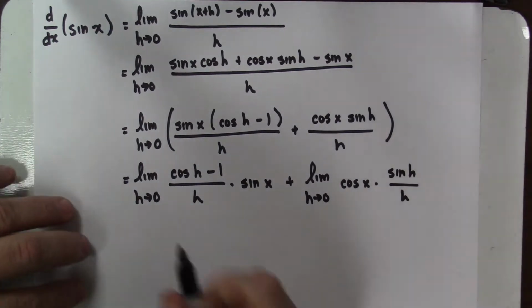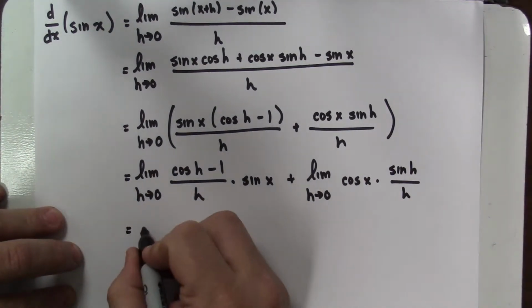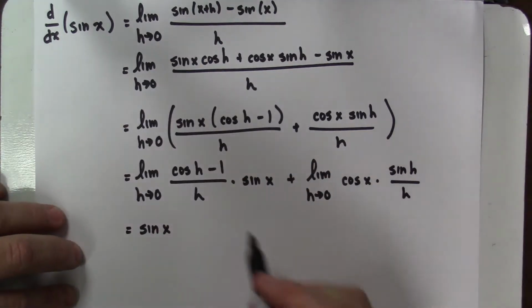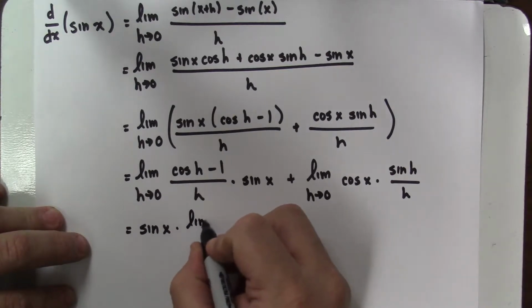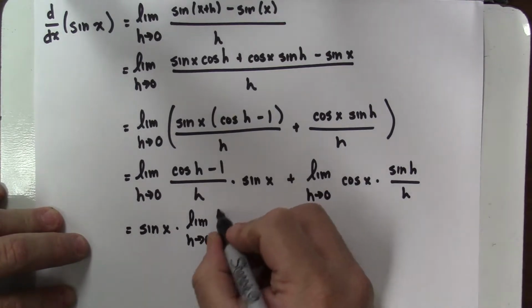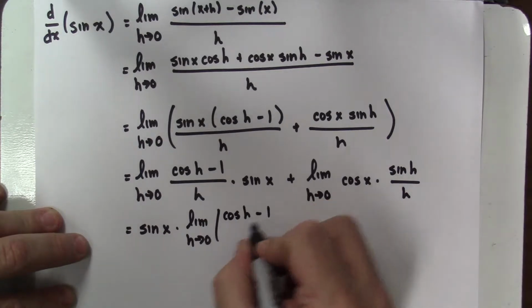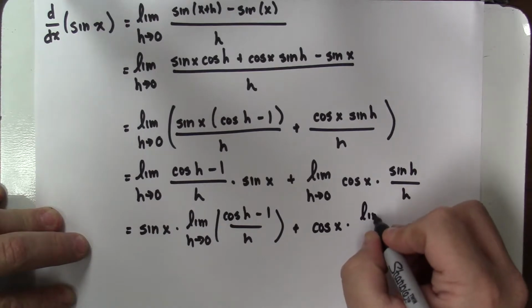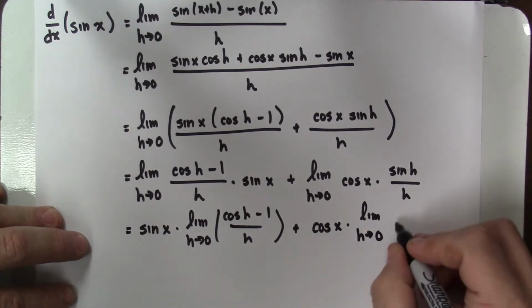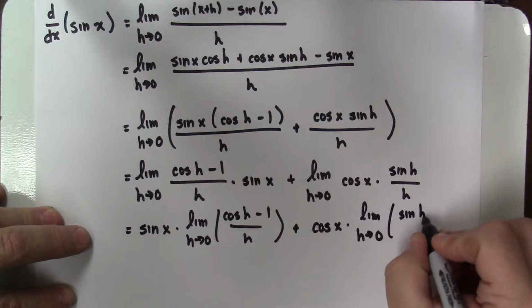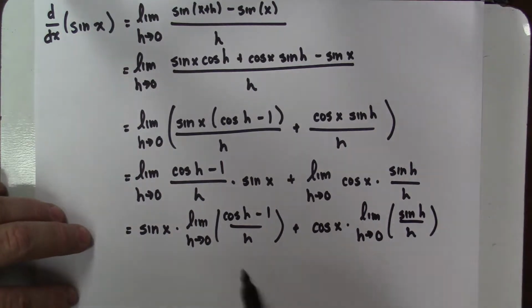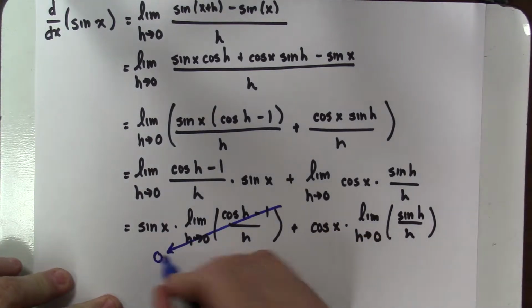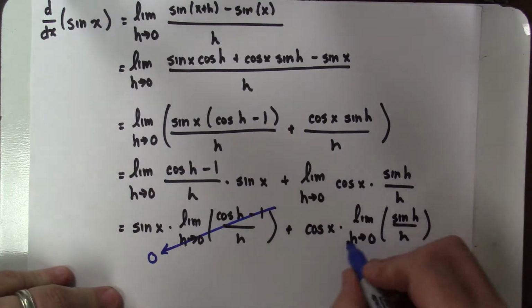And you're exactly right. Now, from our limit definitions, I know that if this doesn't have an h, the whole thing can come out. And so I've got that times the limit h goes to 0, cos h minus 1 over h, plus cos x times the limit h goes to 0, sine h over h. Now, for those of you playing at home, that's 0 from our definitions.